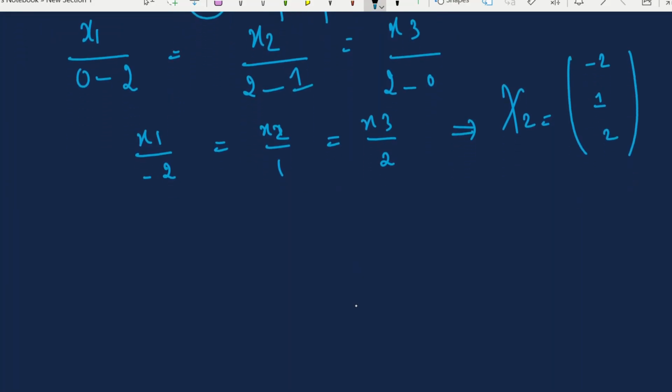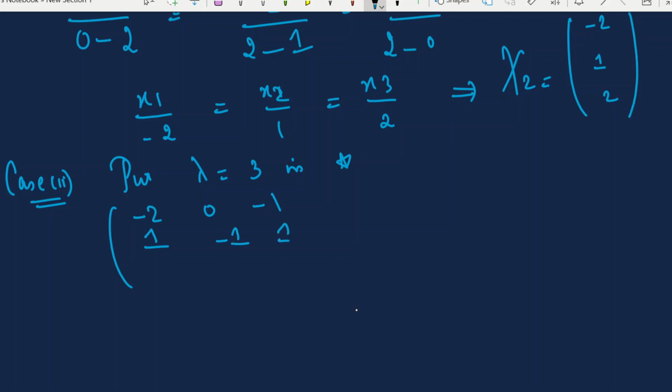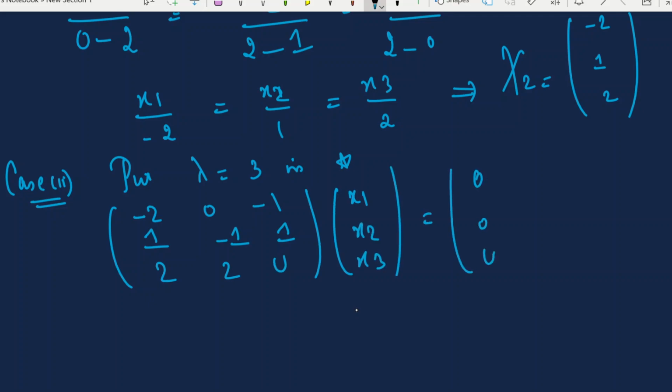Next, case 3. Put lambda equals 3 in star. When you substitute lambda equals 3, the matrix will become 1, negative 1, 1, 2, 2, 0, and here x1, x2, x3 and here also 0, 0, 0.